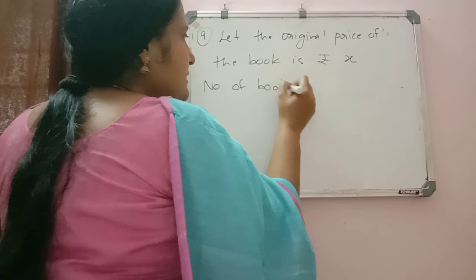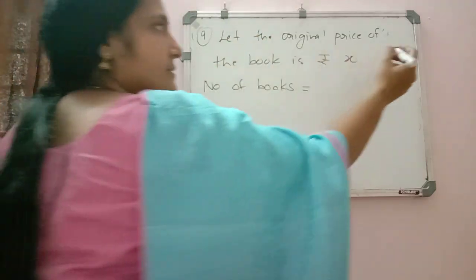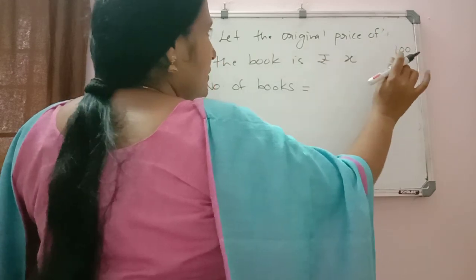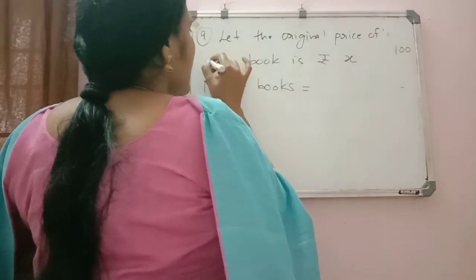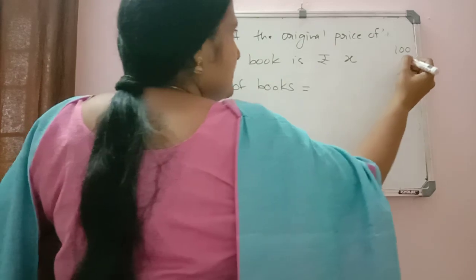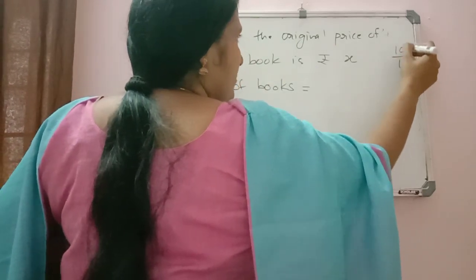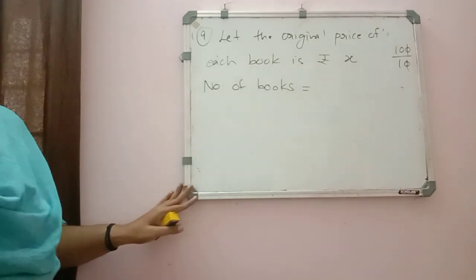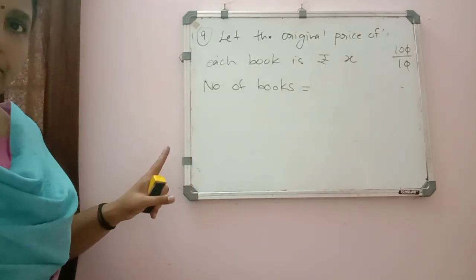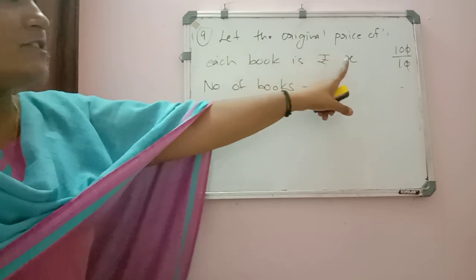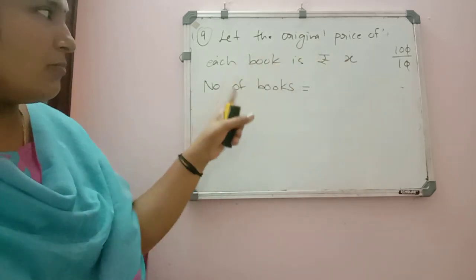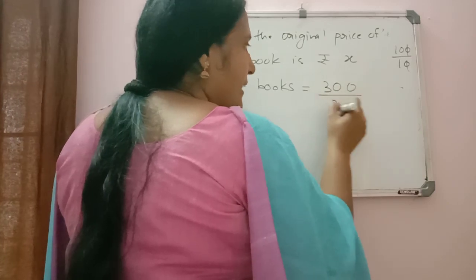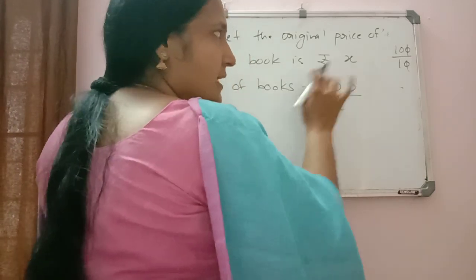Number of books is equal to, again relate the concept. If you have 100 rupees and the price of each book is 10 rupees, then how many books can we purchase? 100 by 10. In the same way, we have 300 rupees and the price of each book is X. Then how many books can we purchase? 300 by X. I hope this method is clear to you.